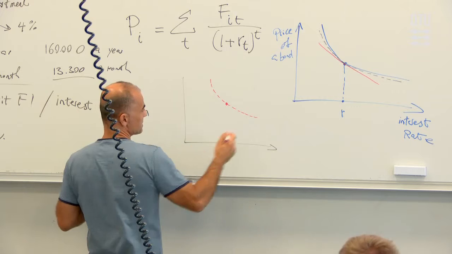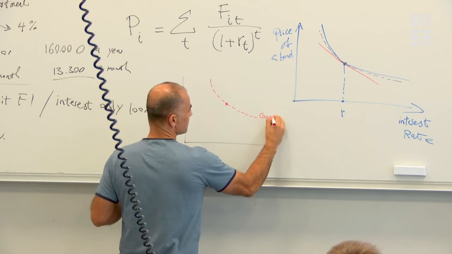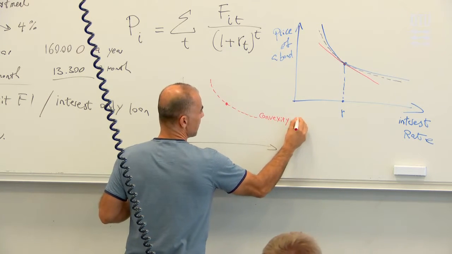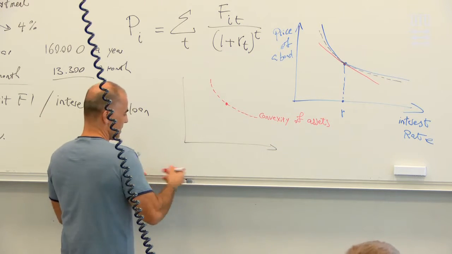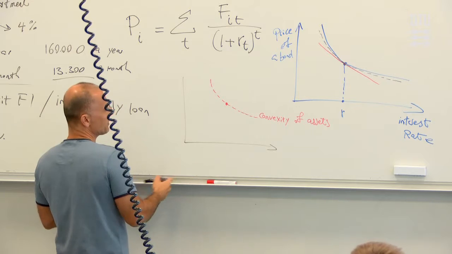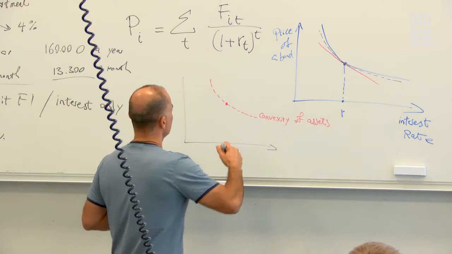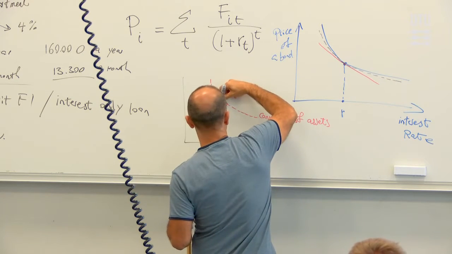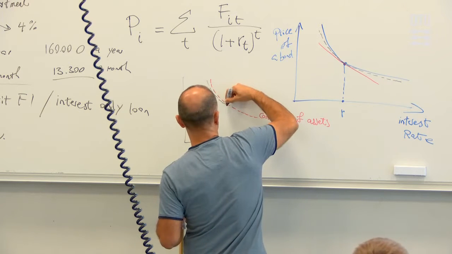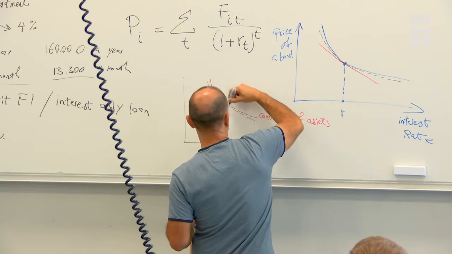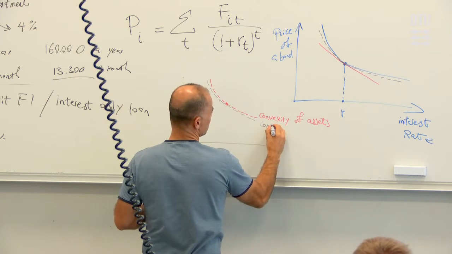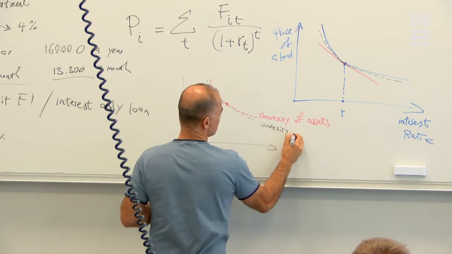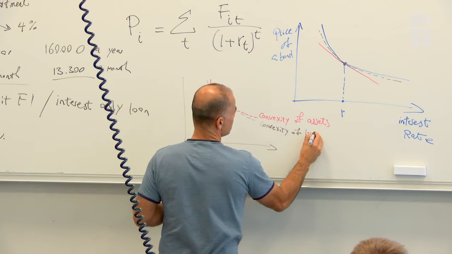Right? And I want that to be greater than the convexity of my liabilities. That means I want something like this, right? So this is the convexity of liabilities.